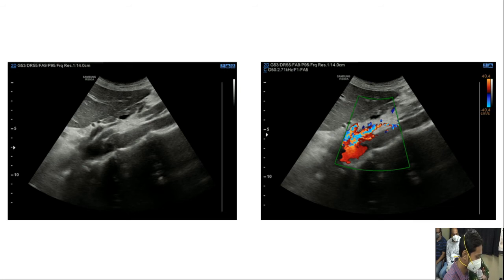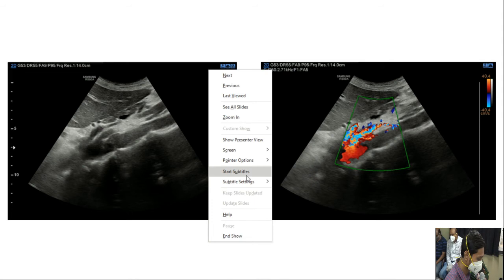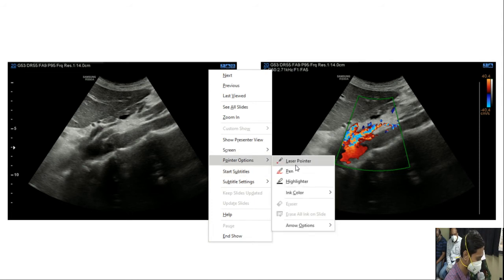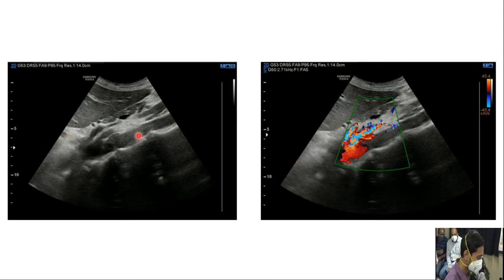Now on examining the abdominal aorta, we can see that there is echogenic material noted distal to the origin of the superior mesenteric artery. On color examination, we can see that there is a filling defect in the abdominal aorta. So this was a case of thrombosis in the abdominal aorta.